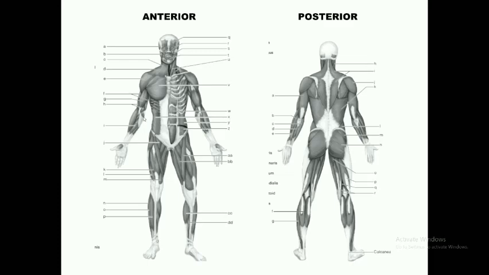Number 14, orbicularis oculi. So this is our orbicularis oculi, located around our eyes. So this is the answer is R. Number 15, gastrocnemius. So this is our gastrocnemius.